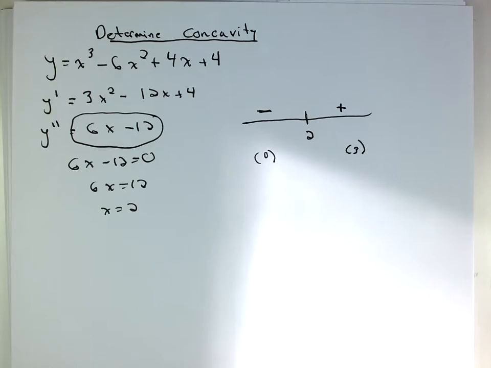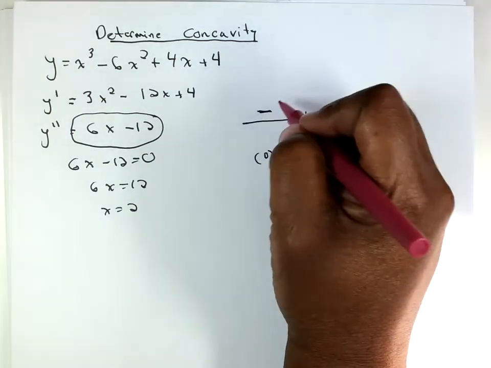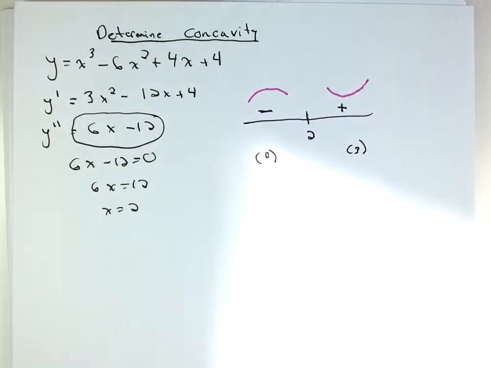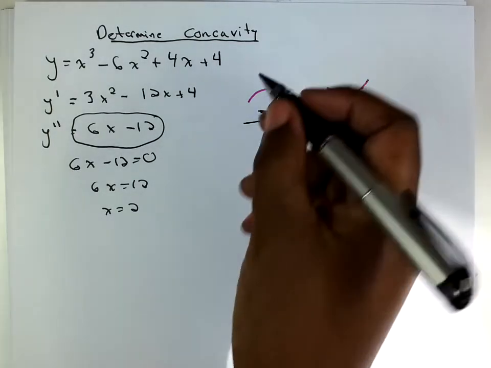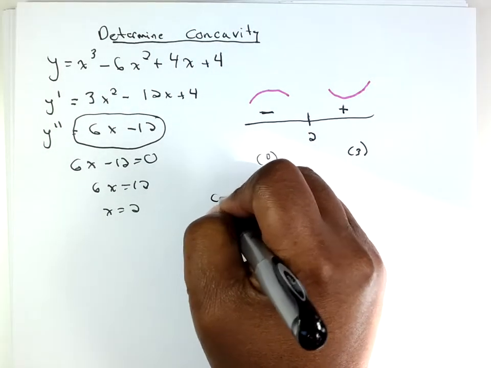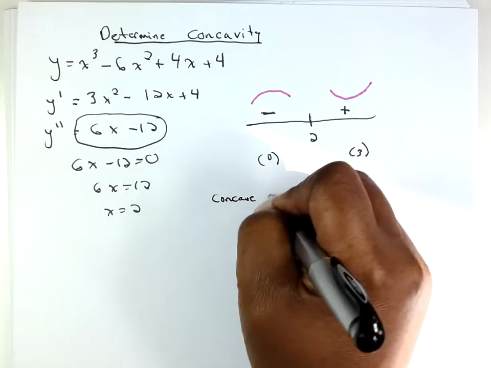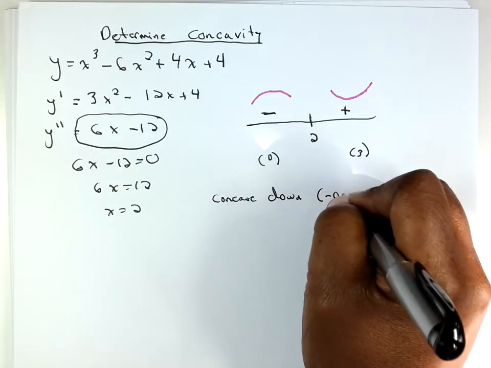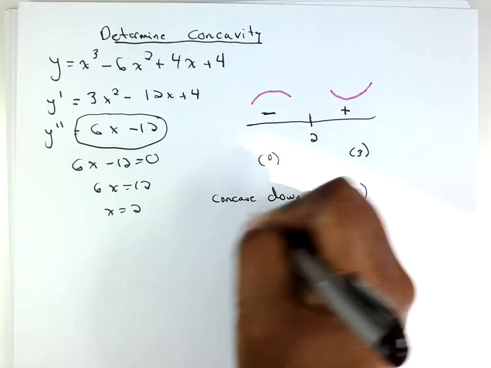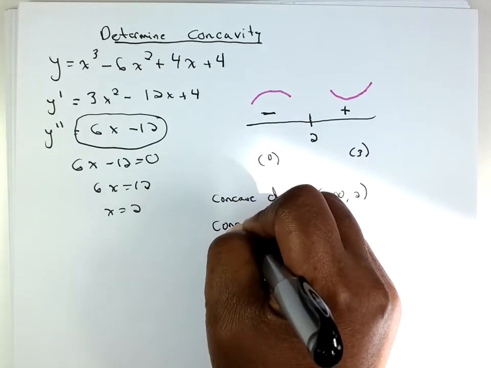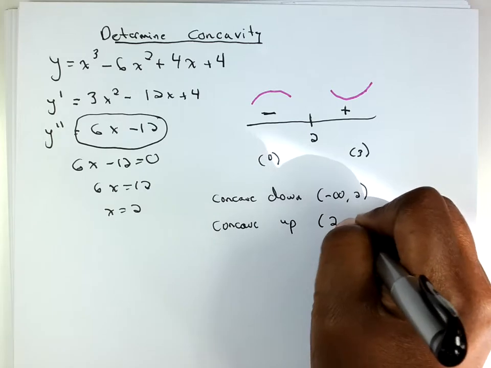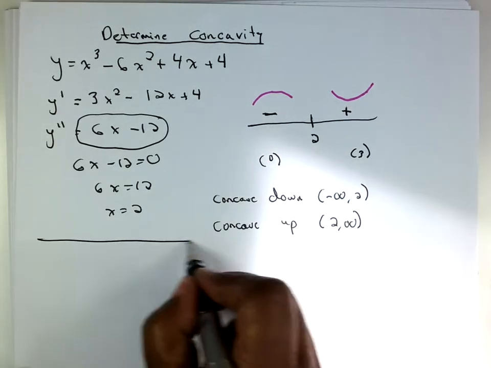So if it's a negative value, it's concave down. If it's a positive value, it's concave up. So I am concave down on the interval from negative infinity to 2, and I'm concave up on the interval from 2 to infinity.